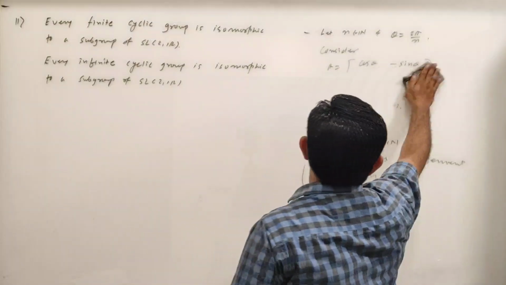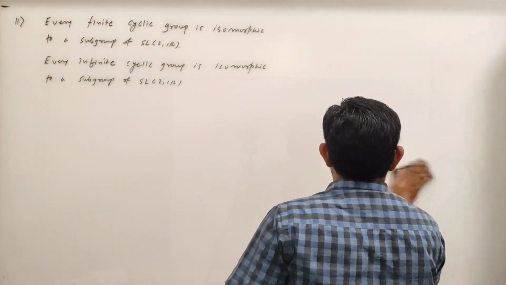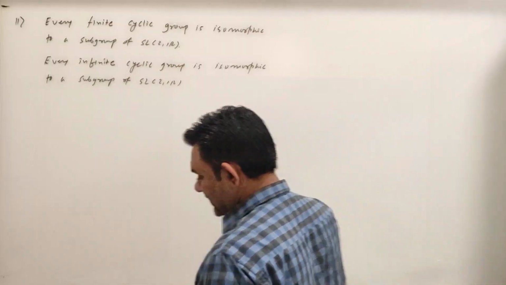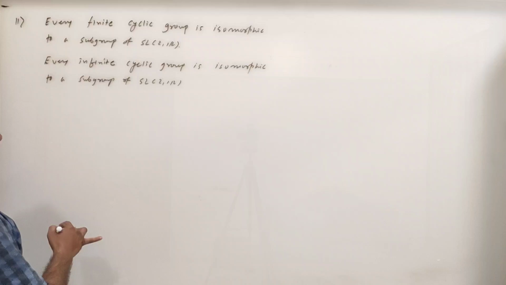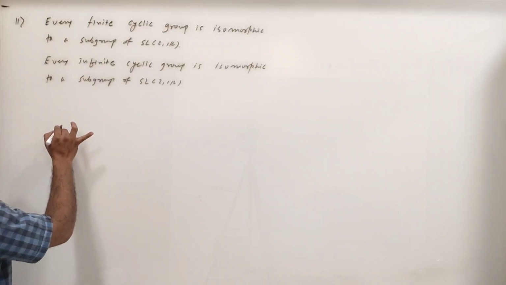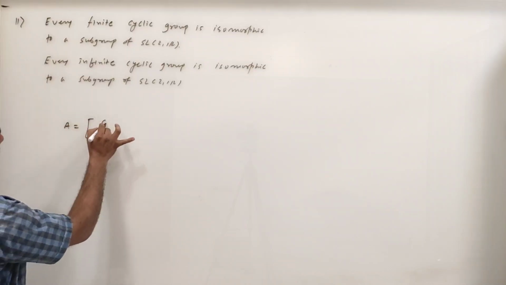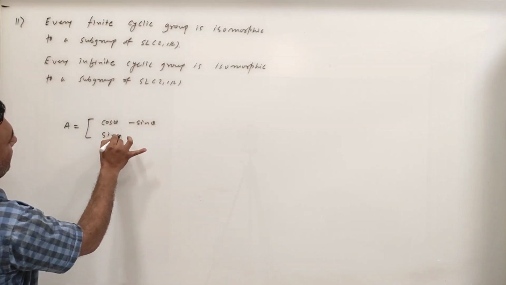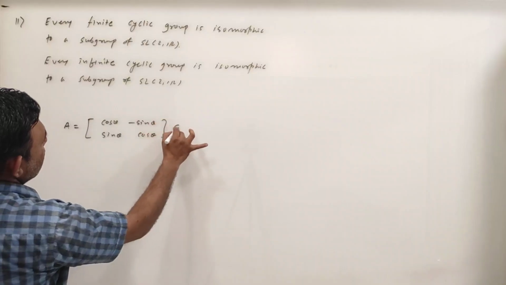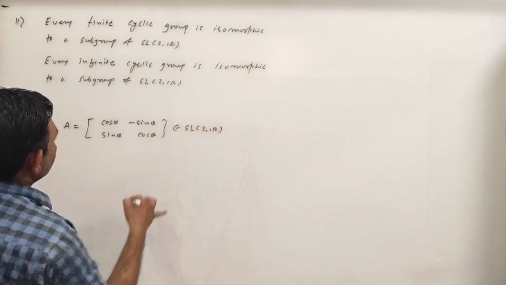Okay, so let me continue the discussion with the element of this SL2R. See, you consider A equal to cos theta, minus sin theta, sin theta, cos theta. So it is an element of SL2R.